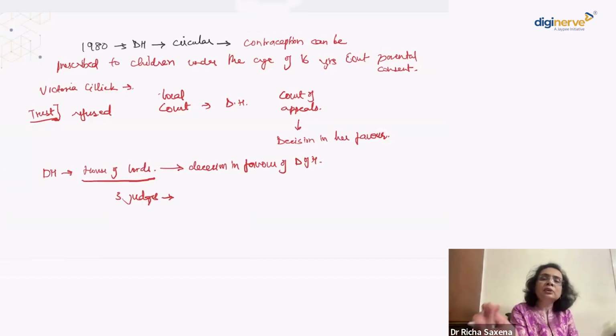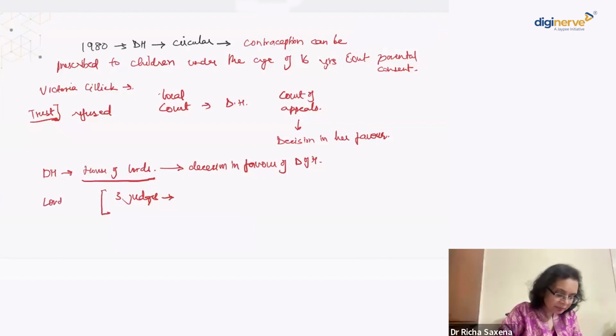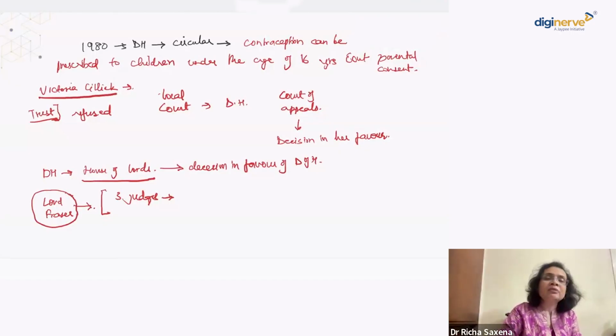The 3 judges decided in favor of the Department of Health, and the spokesperson for these 3 judges was Lord Fraser. As a result, because Mrs. Victoria Gillick had filed this case, this law came to be known as Gillick's competence, and because of the involvement of Lord Fraser, it was termed Fraser's guidelines. Now, is it clear? I hope now it is clear.